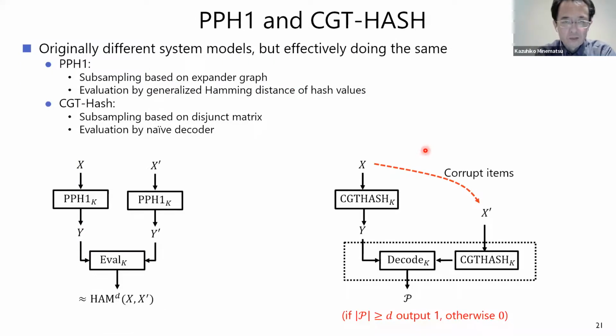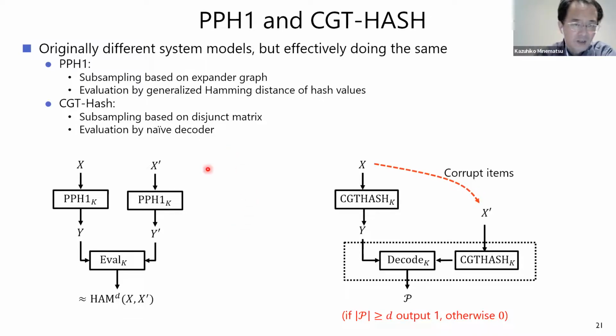The left figure shows the original PPH, while the right shows the PPH built from combinatorial group testing combined with the hash function. These were originally considered in different system models, but effectively do the same thing.